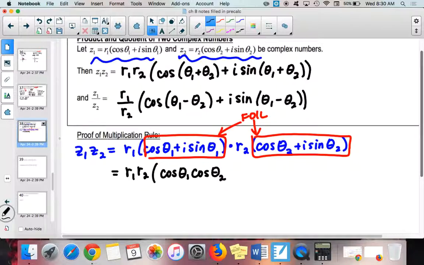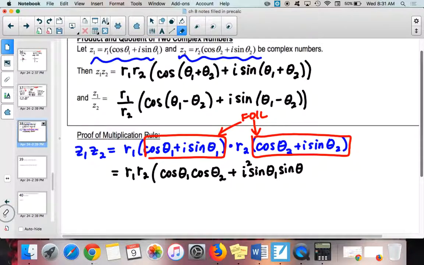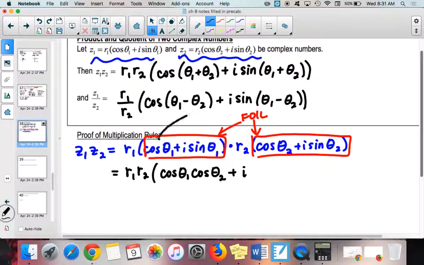That's our first. Outer is plus i times sine of theta 1 times another i, so i squared, sine of theta 2. Oops, I'm not doing my outer, am I? Okay, hang on. I skipped to my end. So I'm going to do cosine times i sine of theta 2. So I'm going to have i times cosine of theta 1 sine of theta 2.